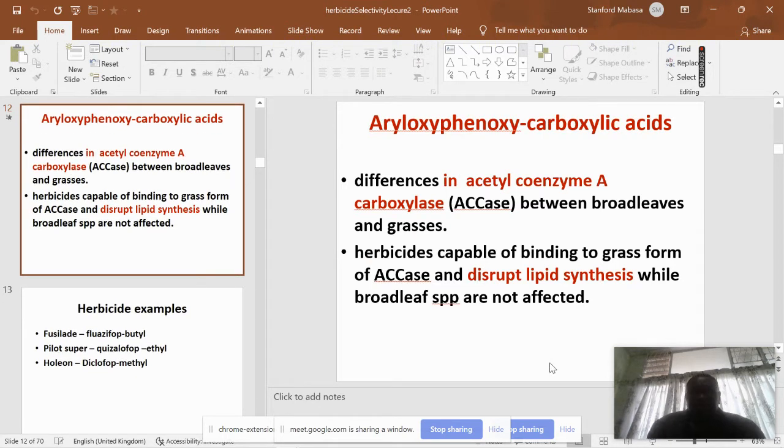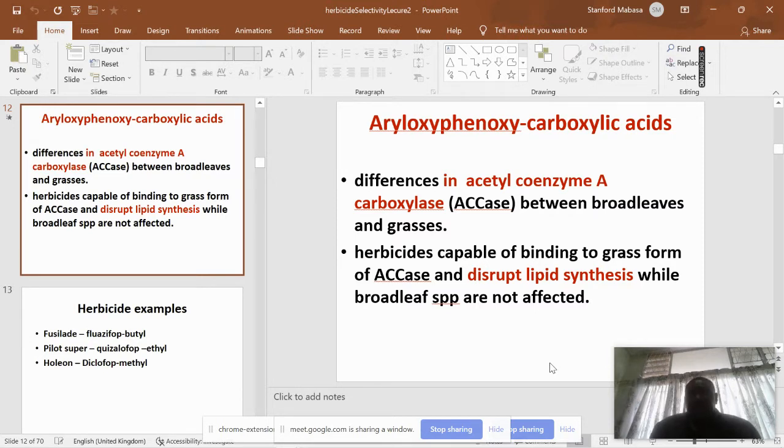Now let us start with this group of herbicides, the allyloxyphenoxycarboxylic acids. Now these are vulnerable to the enzyme acetyl coenzyme A carboxylase, which is sometimes known as ACCase for short.